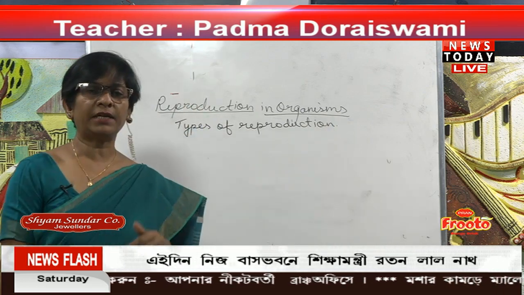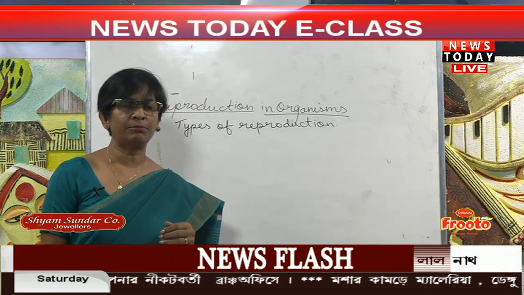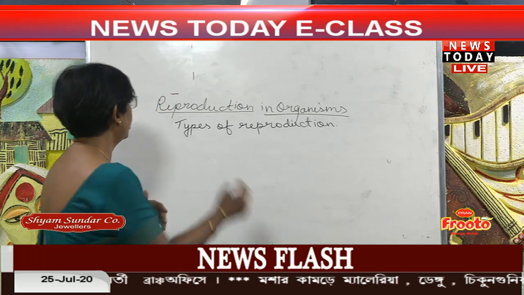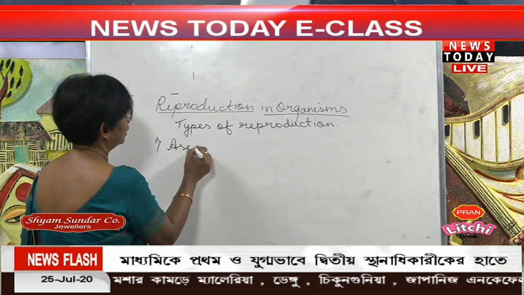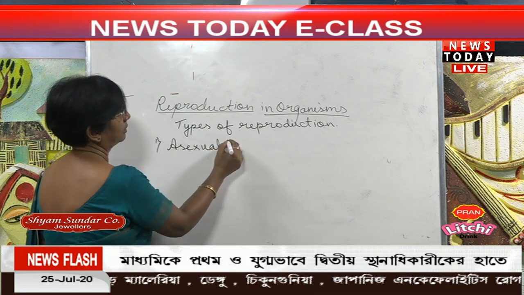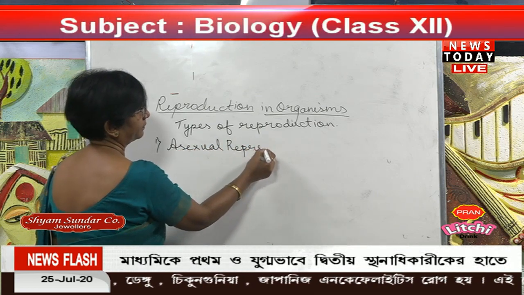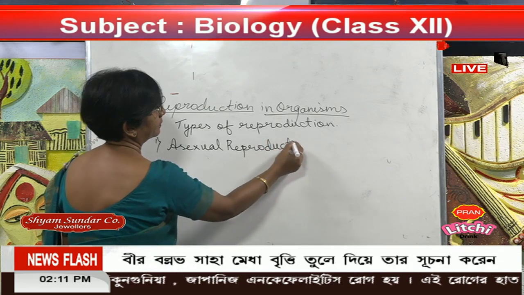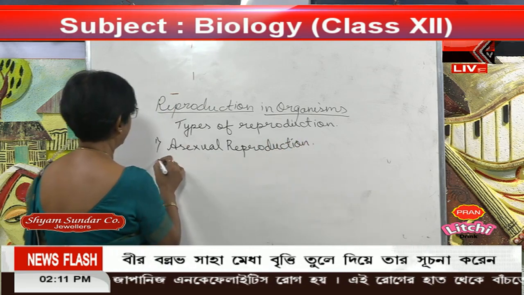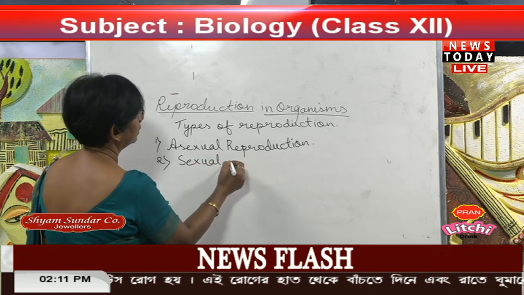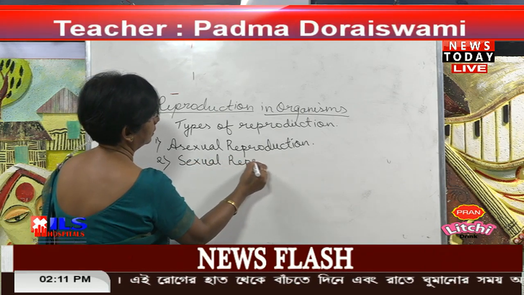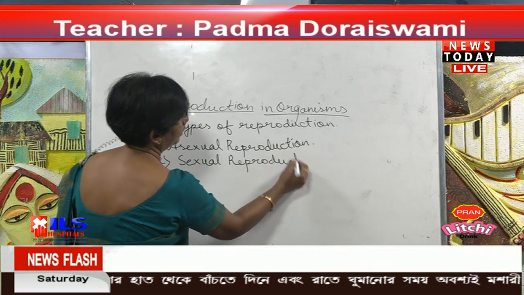On a basic pattern, there are two types: one is asexual reproduction and the second one is sexual reproduction.